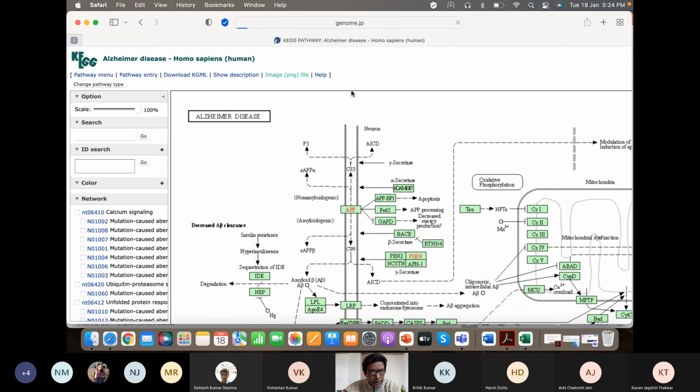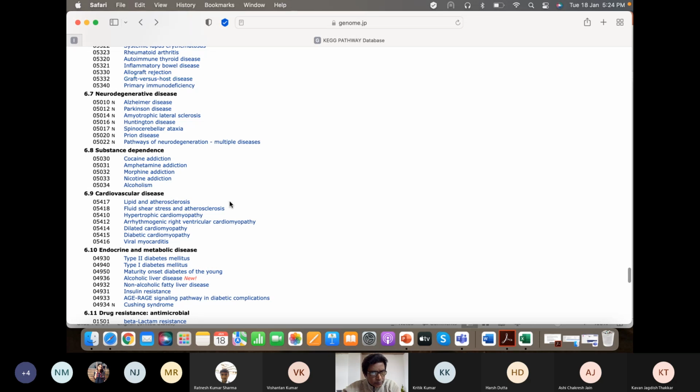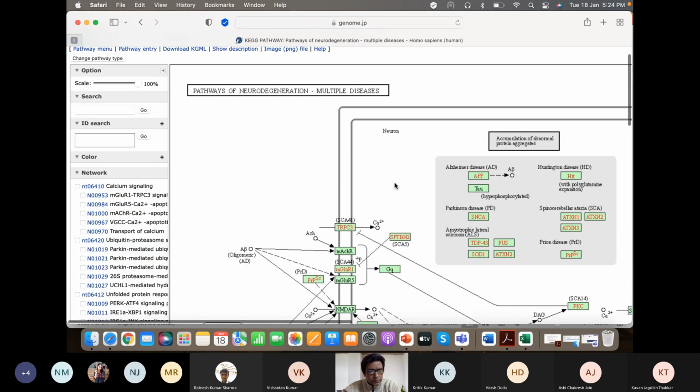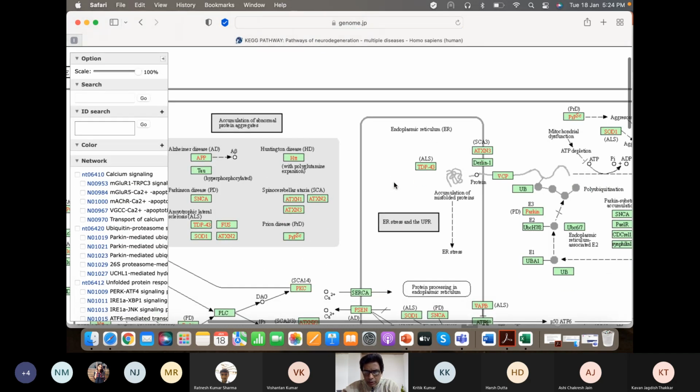I can just try this out and see if that is. I don't think it's going to go there. Let me just go back here. So we're looking at neurodegenerative multiple diseases, right? Let me just see if this one shows up as a, no. Okay, this has become.